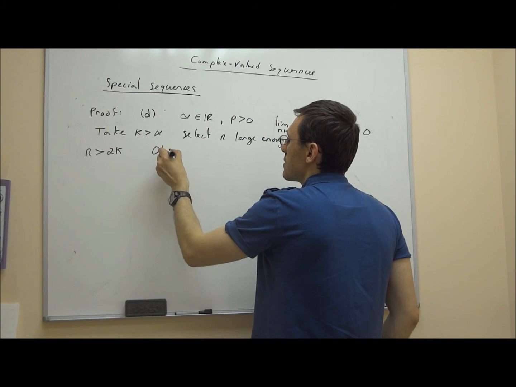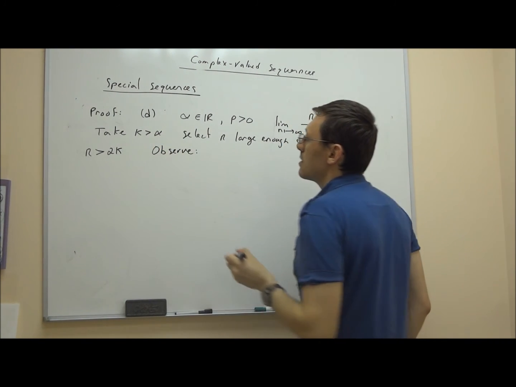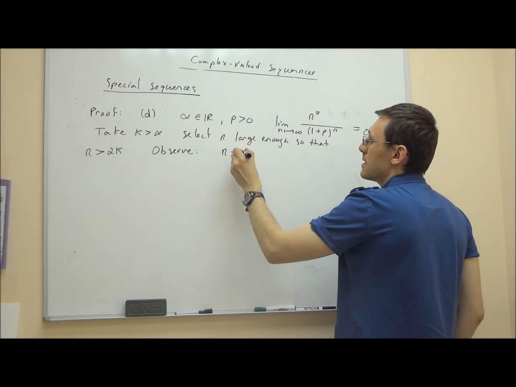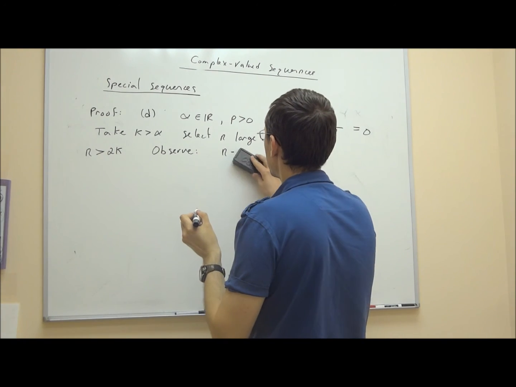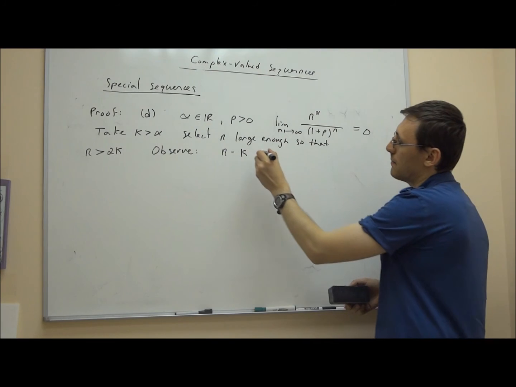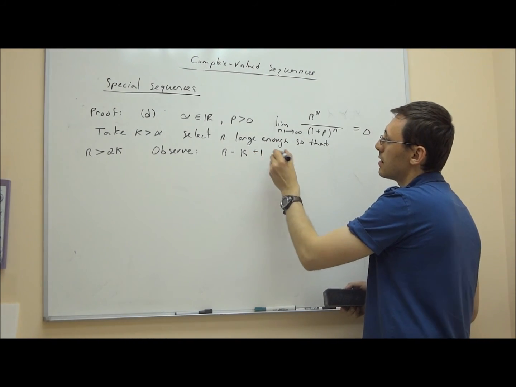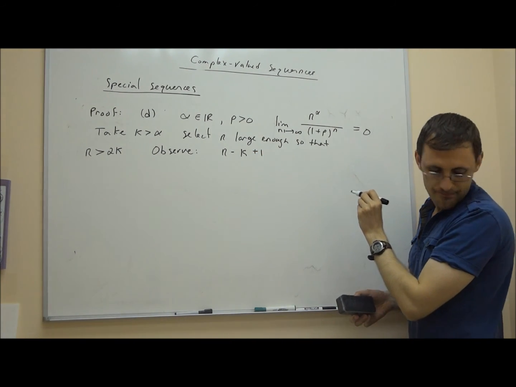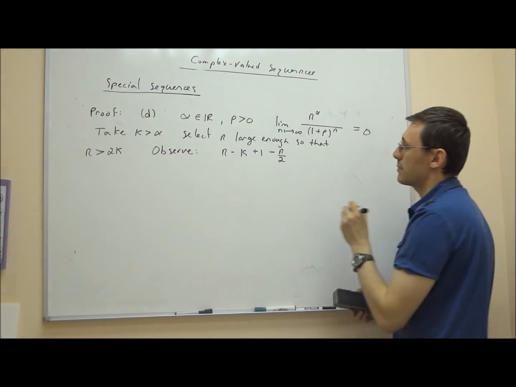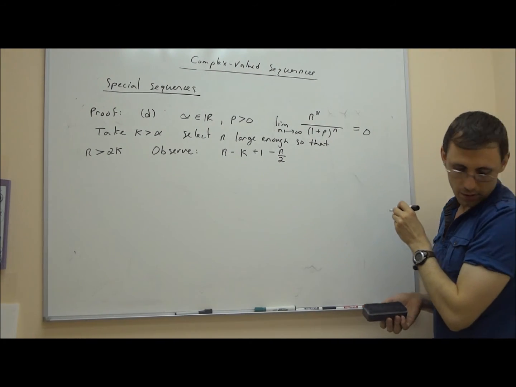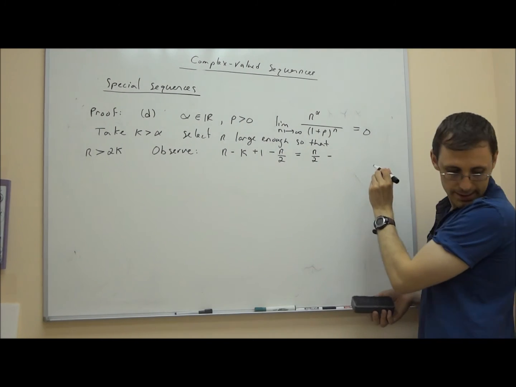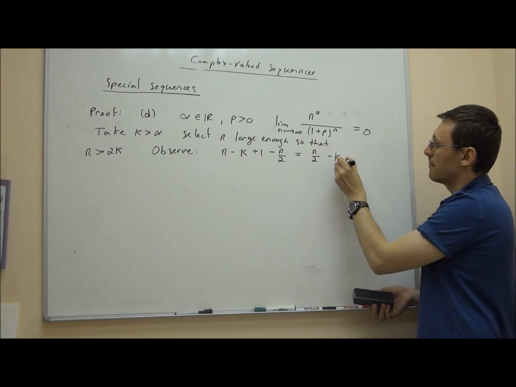Observe, so if I take n minus k plus 1, then once I subtract from it n over 2, and n is bigger than 2k here, I just will get n over 2 minus k plus 1.